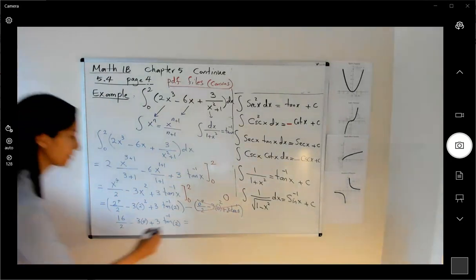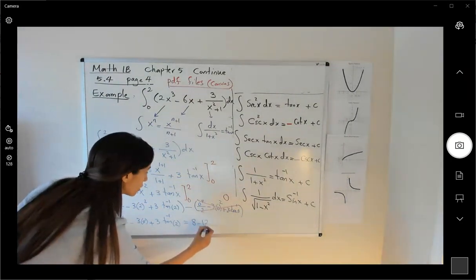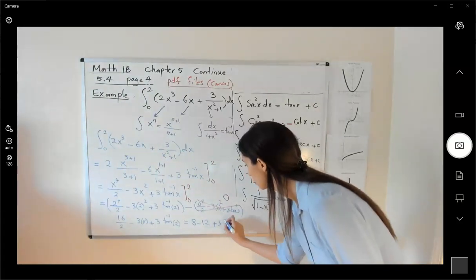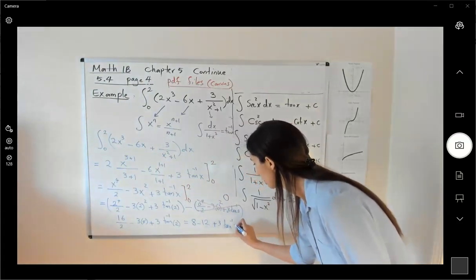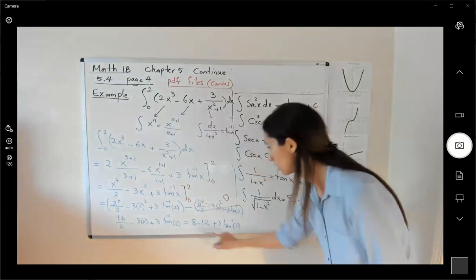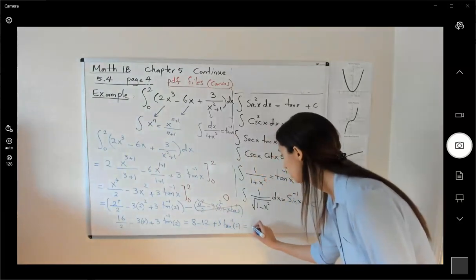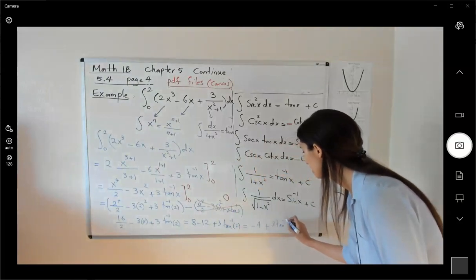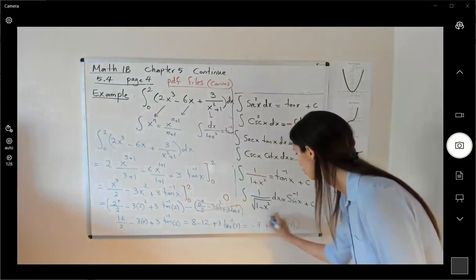You get 8 minus 12 plus 3 inverse tangent of 2. 8 minus 12, negative 4, plus 3 times inverse tangent of 2.